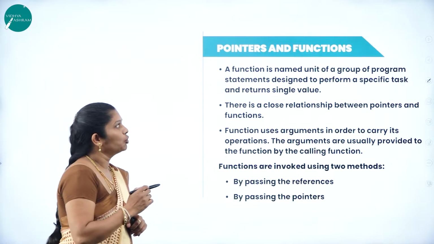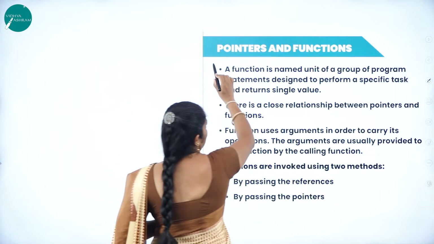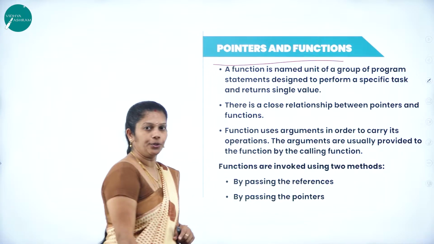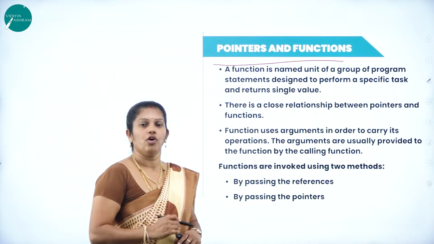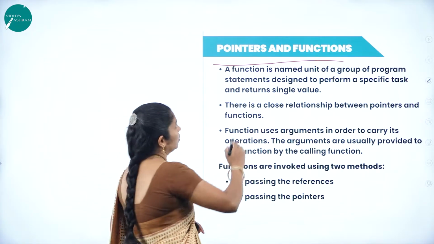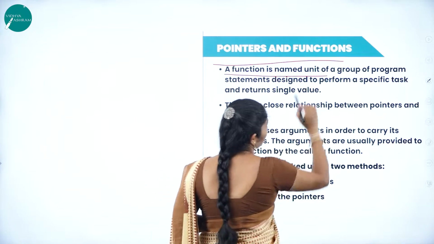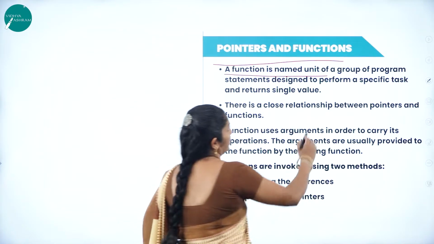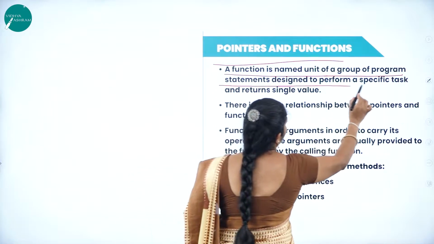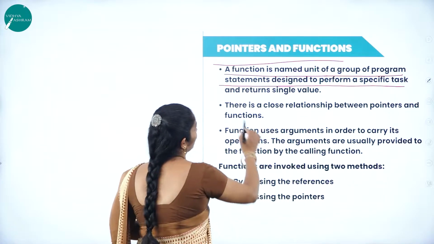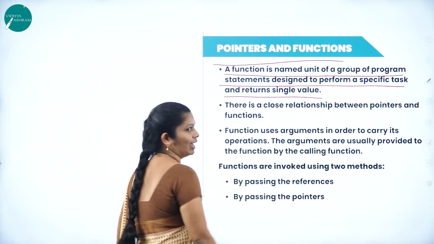First, we'll discuss pointers and functions. As I already told you, function means a set of instructions. It performs some specific task. A function is a named unit, it has some name. A named unit of a group of programs, statements designed to perform a specific task and returns a single value.